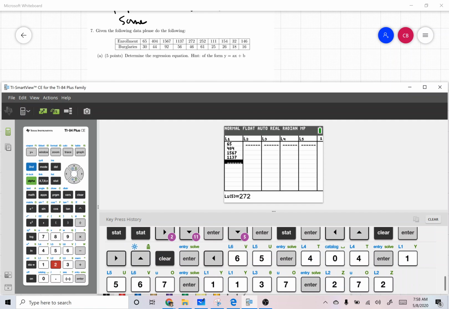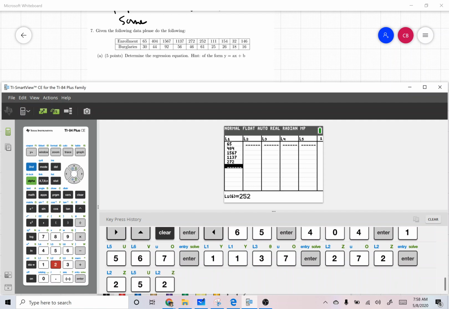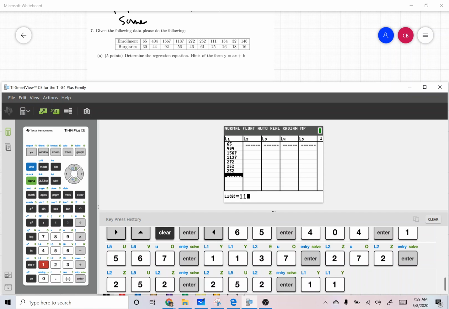These are enrollment numbers, and then numbers of burglaries. The enrollment's in thousands. The burglaries is just that number that's given there. 252. Otherwise, there'd be a lot of burglaries for these places. 111.